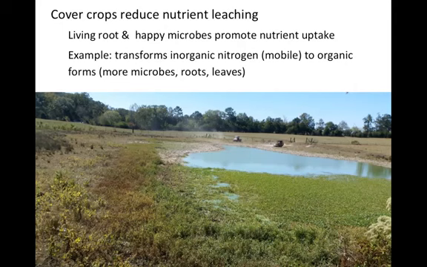And if there is a nutrient that is in the water and or attached to soil particles and it's traveling to a surface body like a pond or a lake or a stream, we can slow that down and minimize the amount of nutrients that can contribute to eutrophication, which is the rapid growth of plants and algae in water bodies that can really be detrimental to water health and water quality.